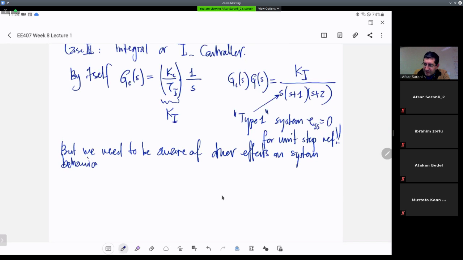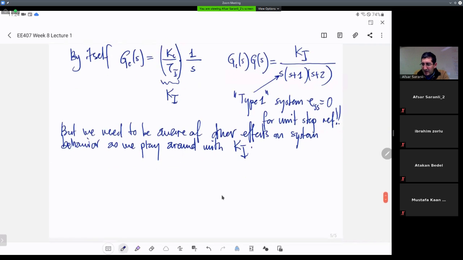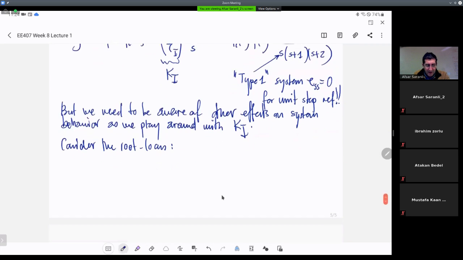For that, we will again look at what happens as we play with Ki. Let's consider the root locus again as we change this parameter Ki.